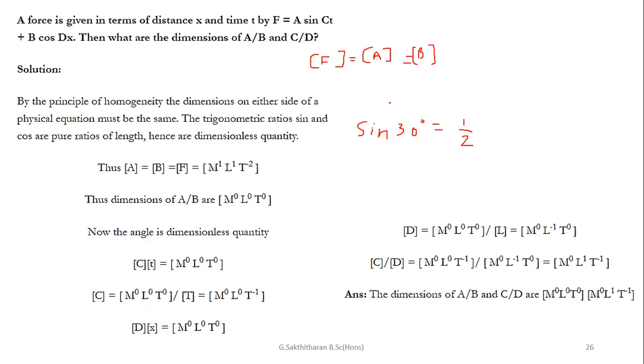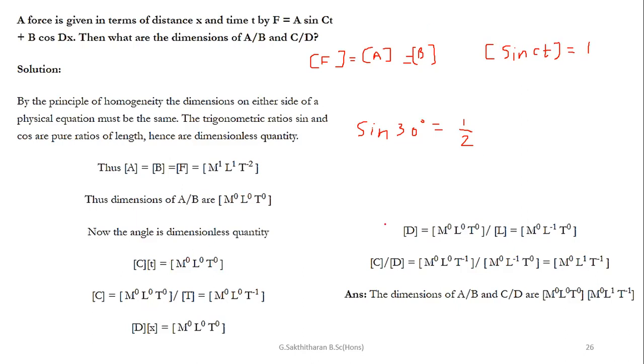They ask A over B and C over D. So here sine CT doesn't have dimensions. That means the value is 1, because they don't have dimensions. That means M naught, L naught, T naught.